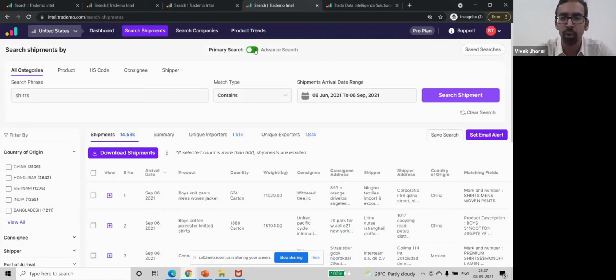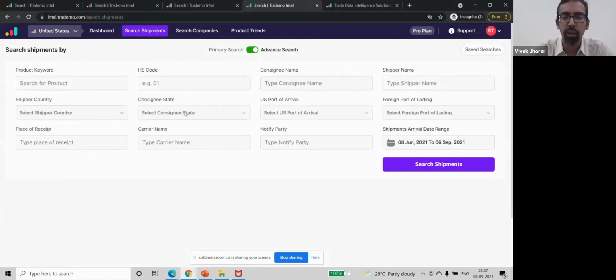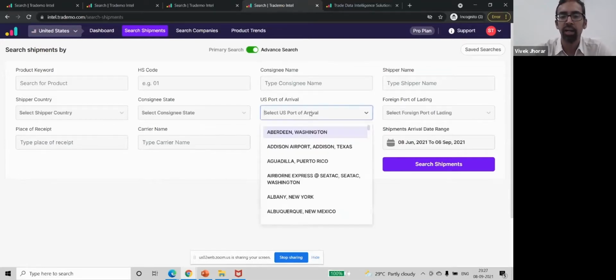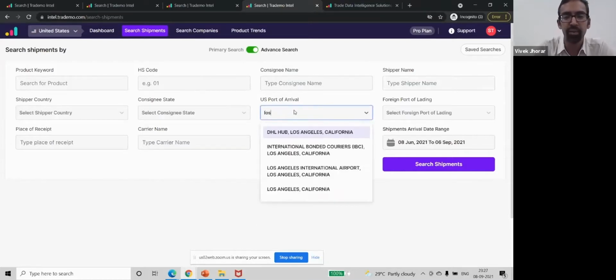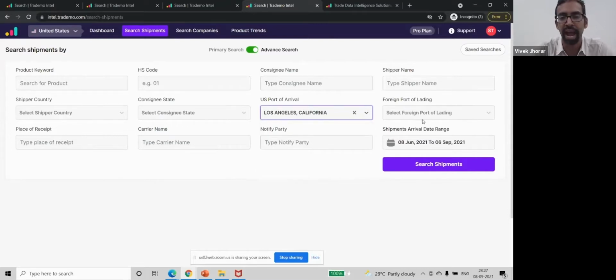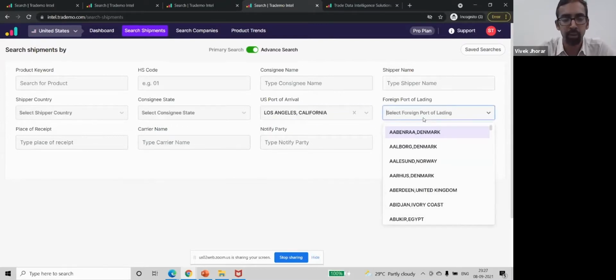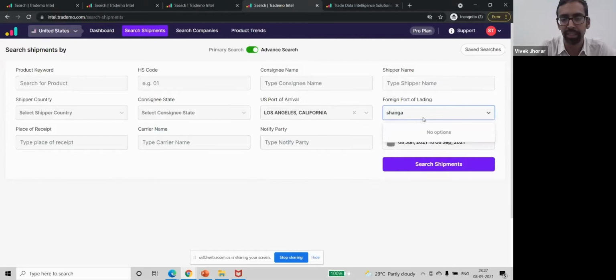But then how do you find a port or a particular route? You can go to the advanced search option at the top, and you can see that all these shipments which we searched for the last 3 months, which had shirts in the shipments, can also be seen by the US port of arrival being Los Angeles and the port of shipment being Shanghai, which I think Michael has mentioned.